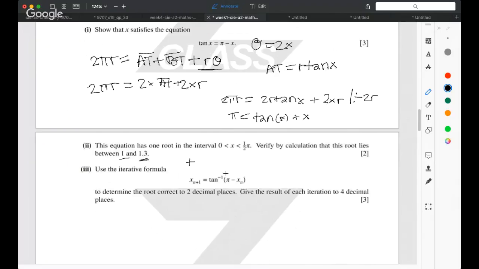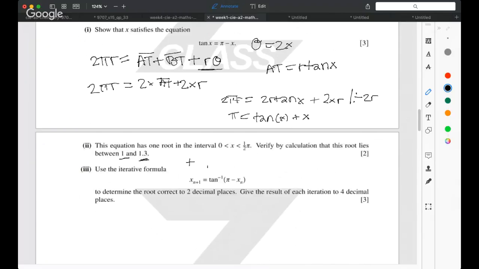The value for x is 1 and 1.3, and you calculate.